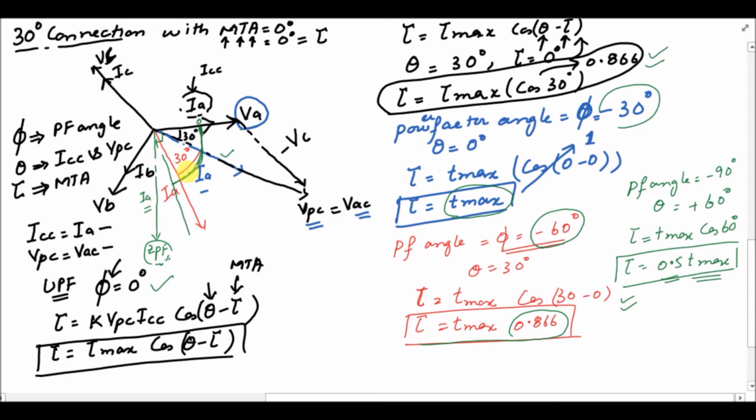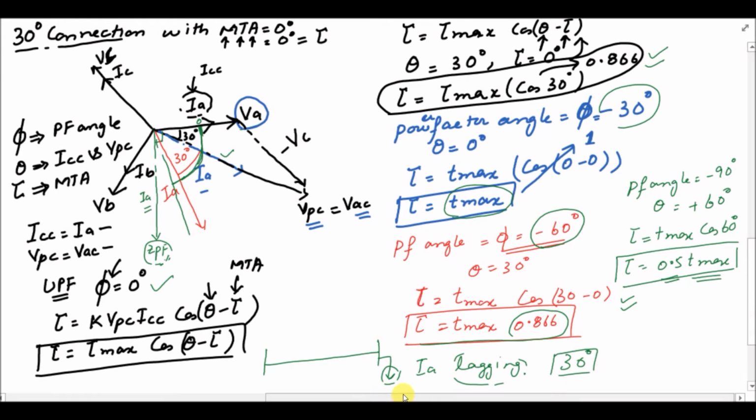So where do we use this type of directional relay connection? For example, we have a feeder and there is a load attached to this one. Normally this load current IA is lagging, and that lagging is somewhere close to 30 degree.